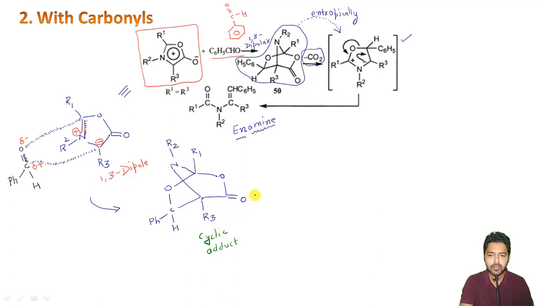And after that, what is going to happen is removal of a molecule of carbon dioxide, and it will be going out from the system in the same way, giving a molecule like the carbon here, the phenyl.